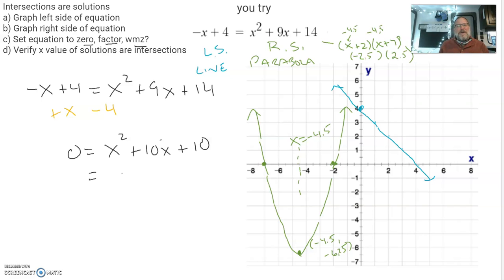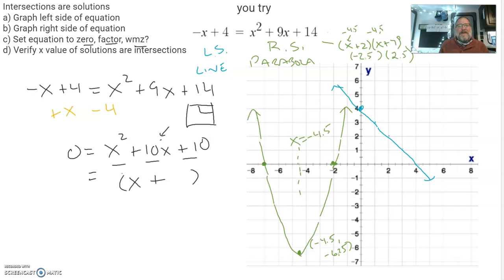Okay, so when you complete the square, you're going to try to turn this into a square binomial. If you're comfortable with binomials, you'll recognize that when you have a 10x, that's going to occur when you have 5 x's on one side and 5 x's on another side when you build the tiles.